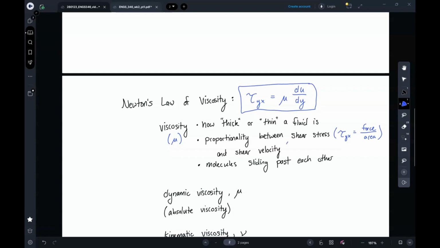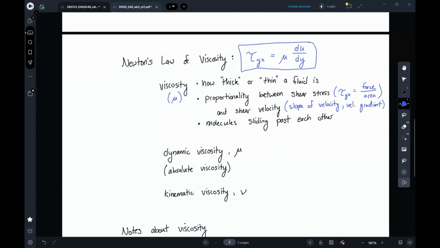And shear velocity is the slope of velocity, or the velocity gradient. So it's molecules sliding past each other. What we really need is a difference in the velocity between the different layers of fluid sliding past each other, and that creates friction.